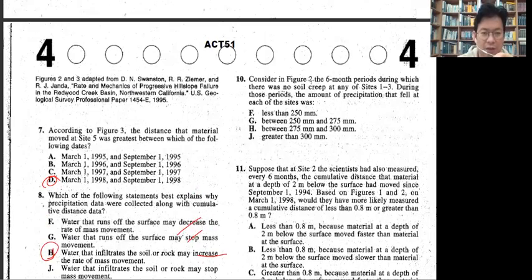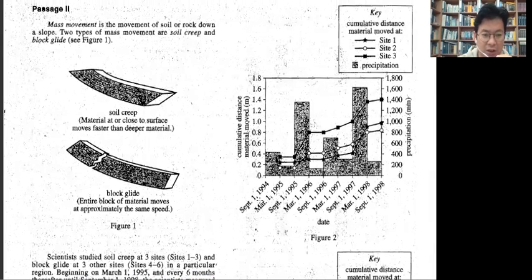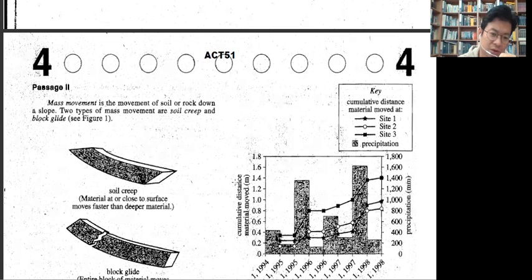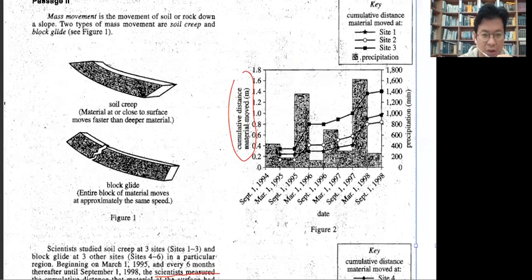Okay, consider in figure 2 the 6-month periods during which there was no soil creep at any of sites 1 through 3. During those periods, the amount of precipitation that fell at each of the sites was. So the cumulative distance material moved is here, and then this is precipitation.